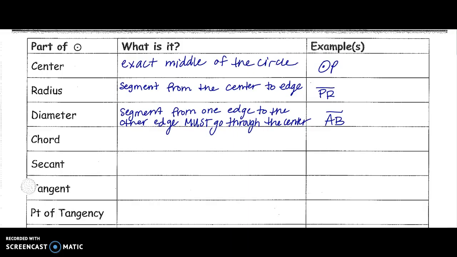A chord is also a segment that goes from one edge to the other. But the difference between a diameter and a chord is that a chord does not go through the center.